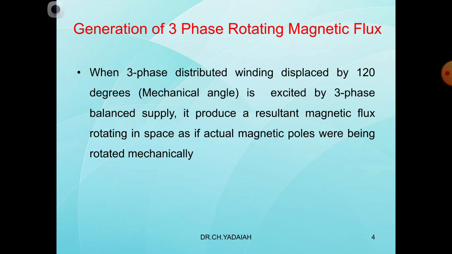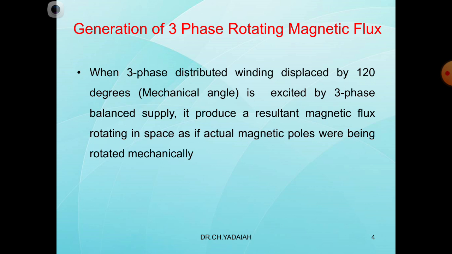That means the resultant flux produced when three-phase supply is given to the stator is 1.5 times the maximum flux produced, and this resultant flux is not stationary; it rotates in the air gap, just like physical poles rotating, at nearly synchronous speed.